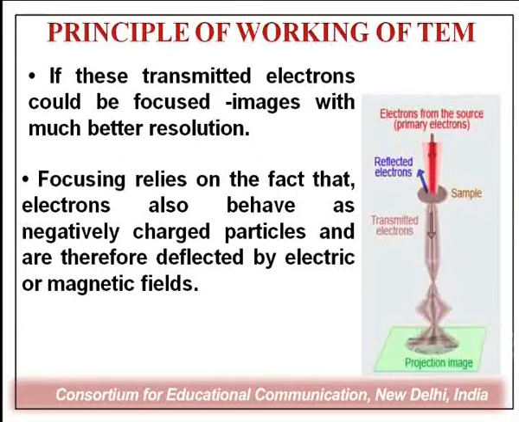Focusing reveals that the electrons also behave as negatively charged particles and are therefore deflected by electric and magnetic fields. We use focusing lenses, the condenser lenses and objective lenses, and these lenses play a very important role in the deflection of the electron beam. So the electron beam is deflected through these electric and magnetic fields.